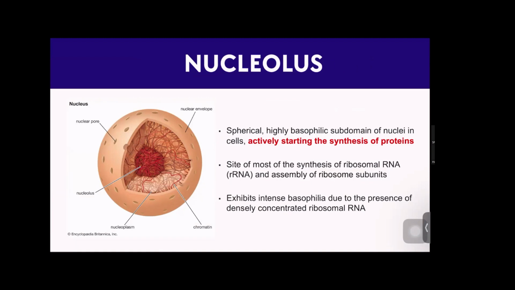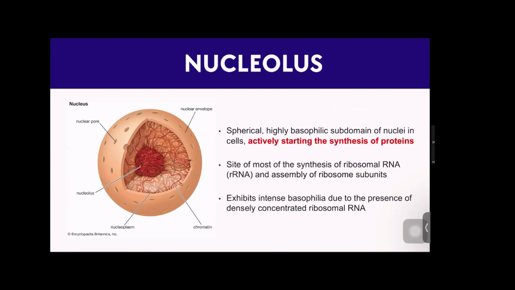Our nucleolus also happens to be the site of ribosome assembly before the fully formed ribosome goes out to the cytoplasm. Let us take note that our nucleolus exhibits intense basophilia due to the presence of densely concentrated ribosomal RNA.